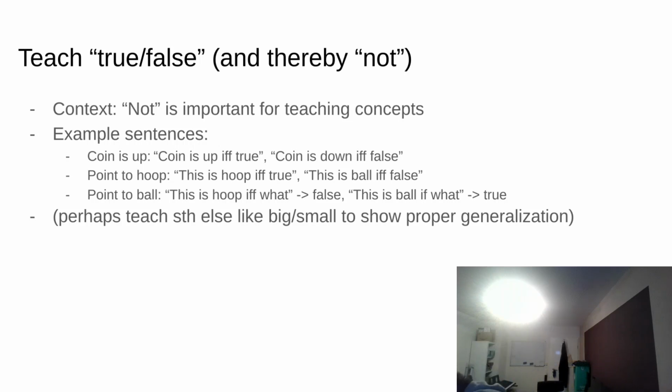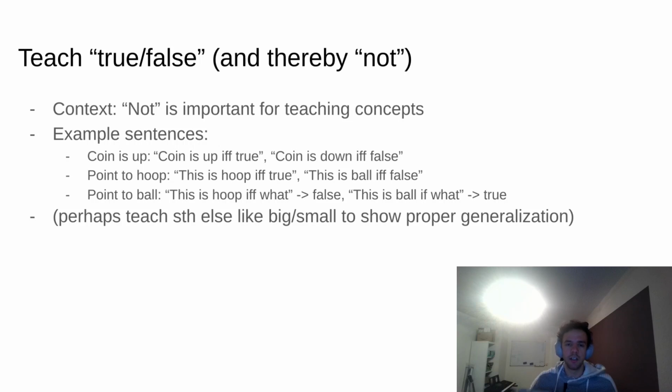Now the difficult thing is how do they manage to get correctly what false means? So we say some examples with true, and then we say, okay, now the coin is up, but we say "coin is down if false". And then hopefully they are first confused: wait, what? The coin is up now, why did they say coin is down? That's weird.